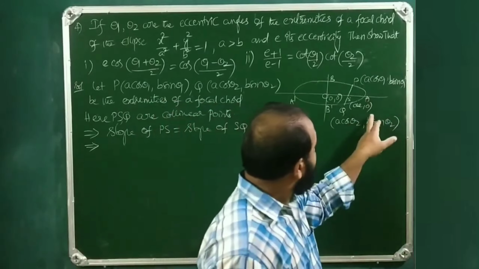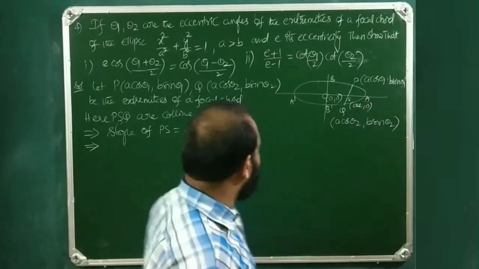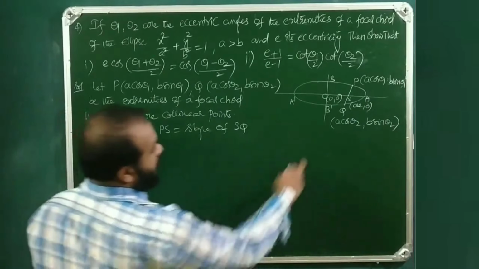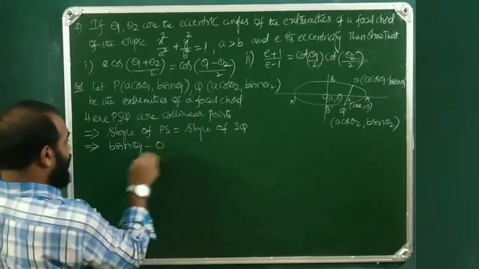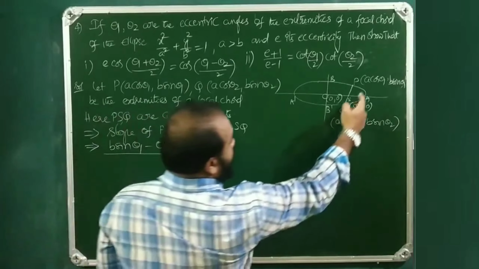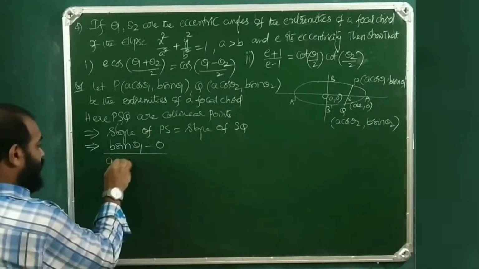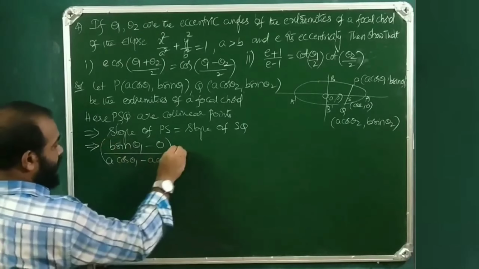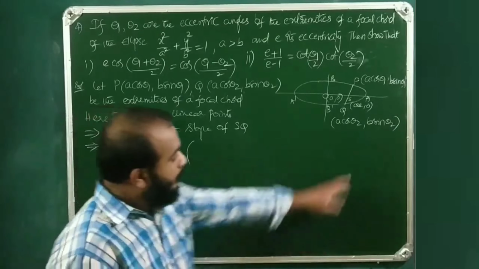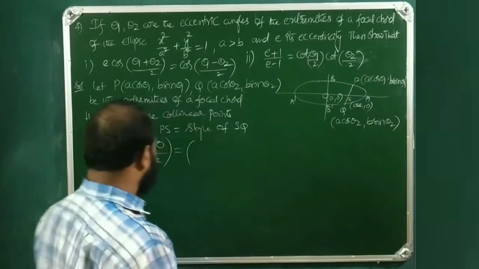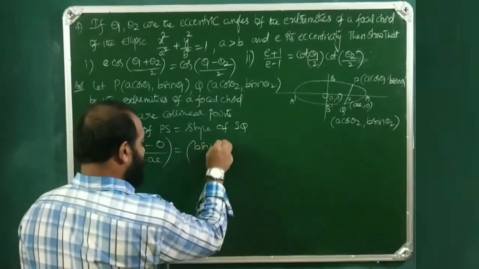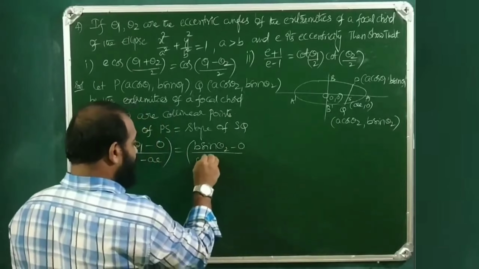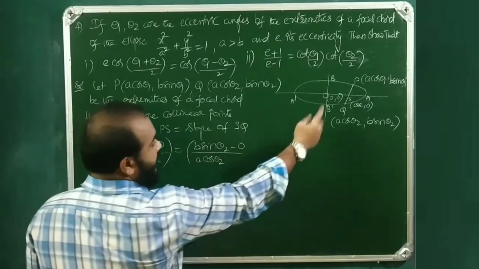Therefore, here (b sin theta 1 minus 0) by (a cos theta 1 minus ae) is equal to (b sin theta 2 minus 0) by (a cos theta 2 minus ae).